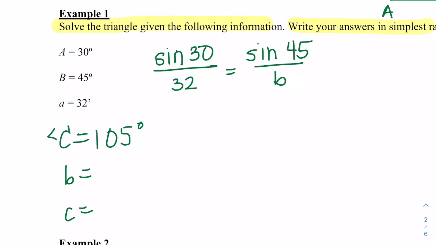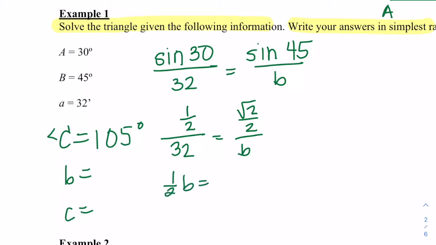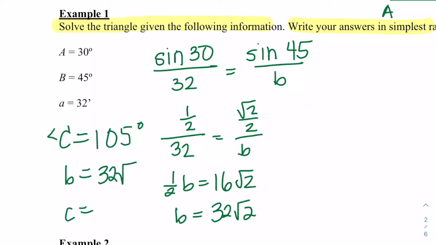Sine of 30 is just 1/2. Sine of 45 is root 2 over 2. So 1/2 times B, if we cross multiply, would equal 16 root 2, and B would just be 32 root 2. And put that over here. And that's going to be in feet.